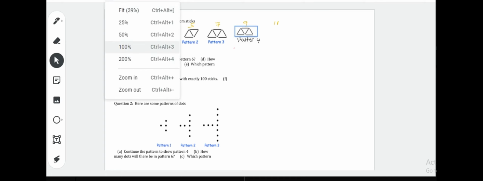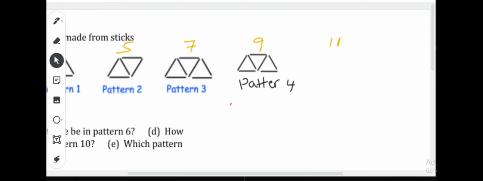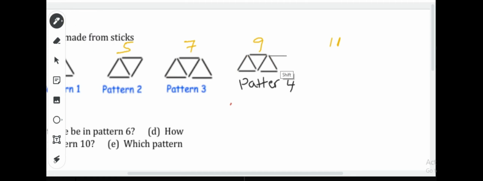So this is 1, 2, 3, 4, 5, 6, 7. So this one will be 1, 2, 3, 4, 5, 6, 7, then 8 and 9.